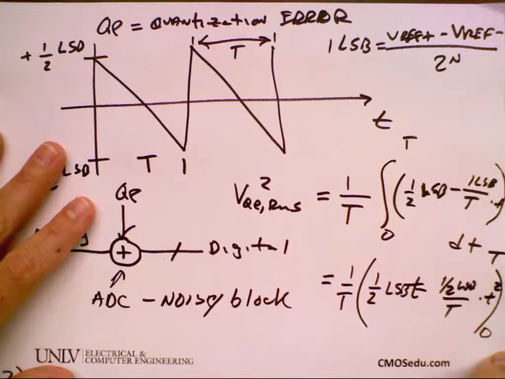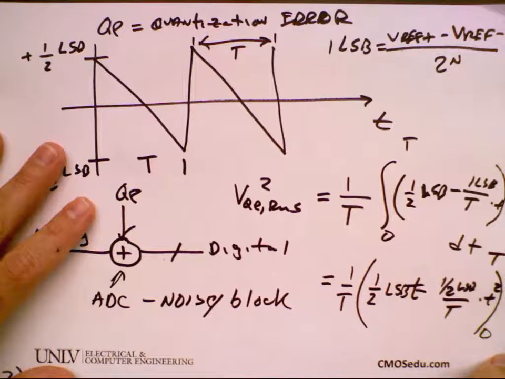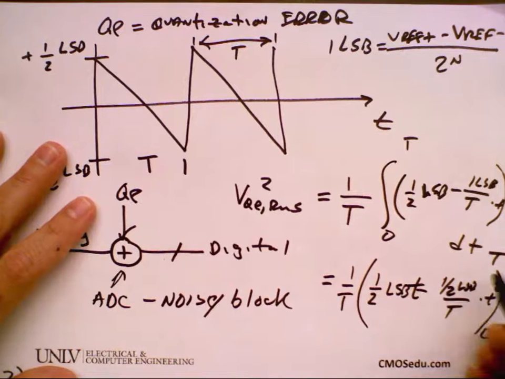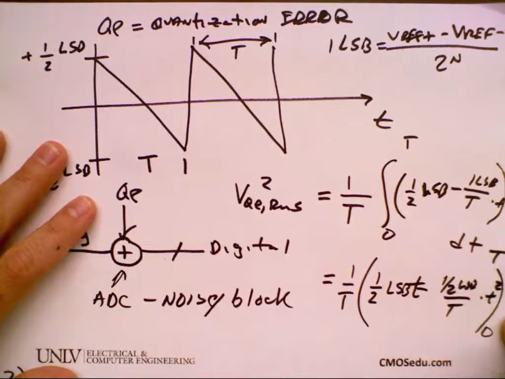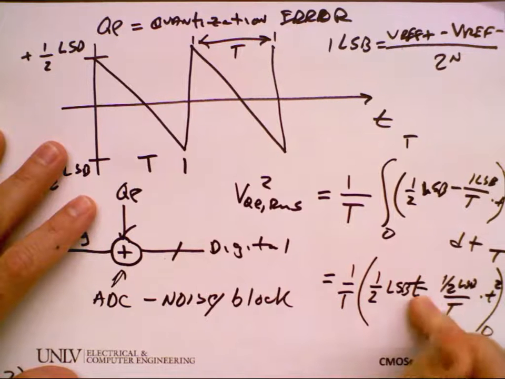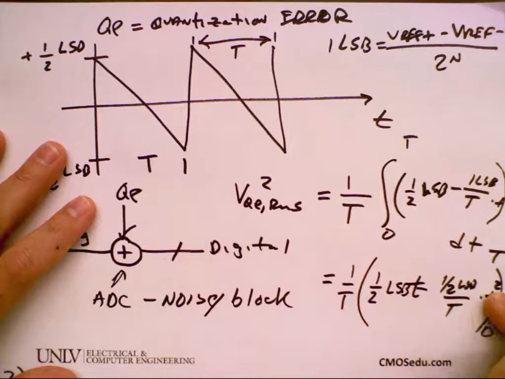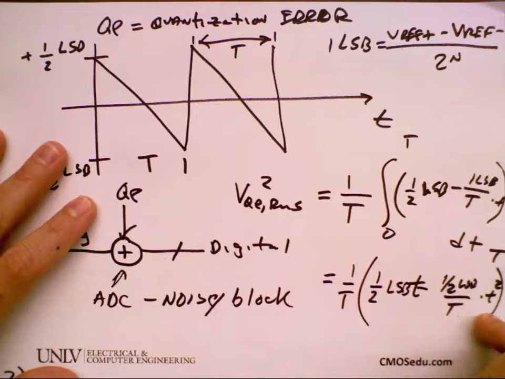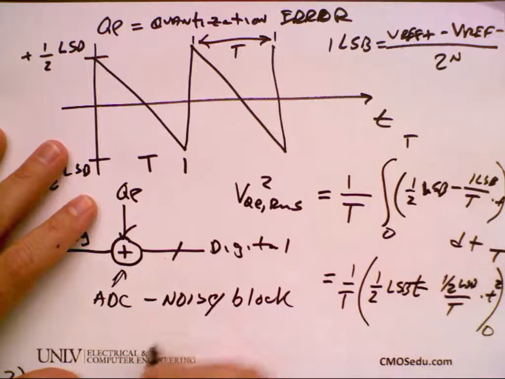Does everybody agree with that? And if we do that at 0, both of these are 0. At t, the two t's cancel, and here it's t squared, the t squares cancel. And so I get 1/2 LSB minus, wait, what do I get? Let me not skip it.